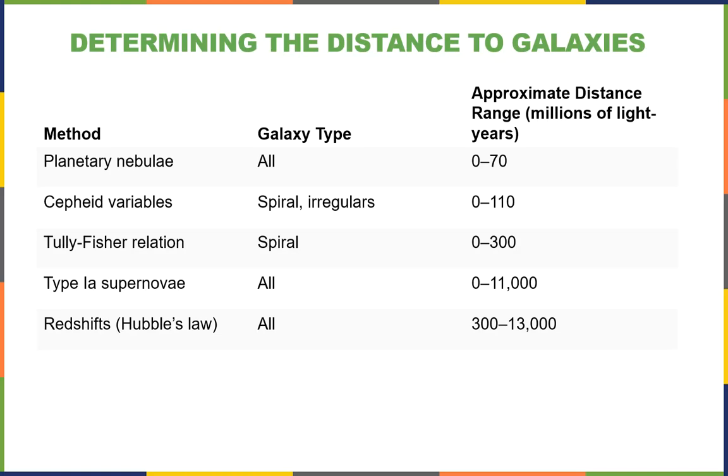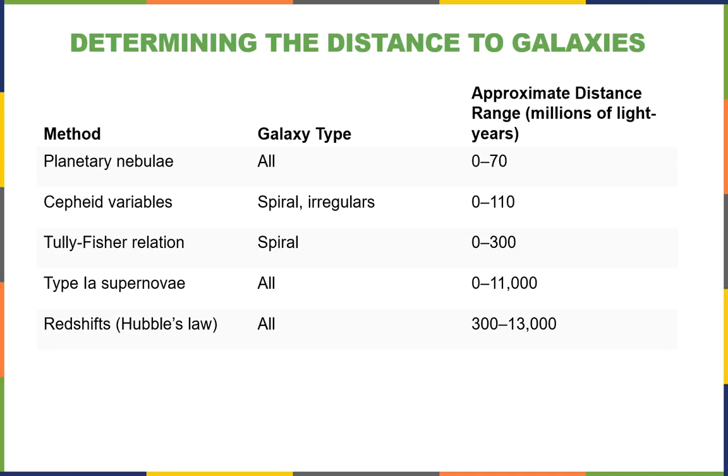And that goes way out there. It's 11 billion light years away. 11 billion light years? The age of the universe is believed to be 13.82 billion years. So that's going essentially all the way back. This last one, Hubble's law, that's the one that goes all the way back, but of course Hubble couldn't use that. That's what Hubble came up with.